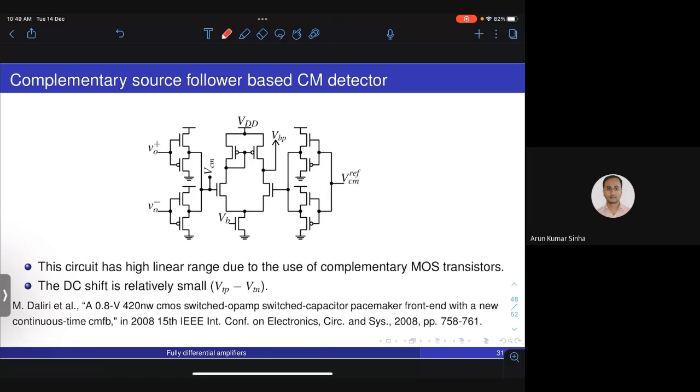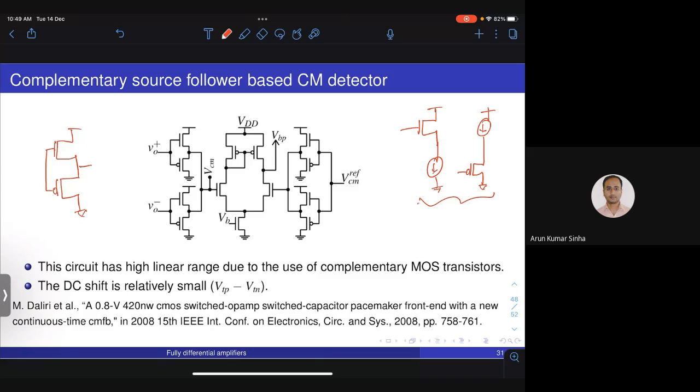Generally in a source follower you take an NMOS and bias it with a current source, or if you want a PMOS source follower, you take a current source and put a PMOS transistor here. In this case, using complementary source follower buffers, we merge these two circuits and use a buffer which has NMOS up and PMOS down.